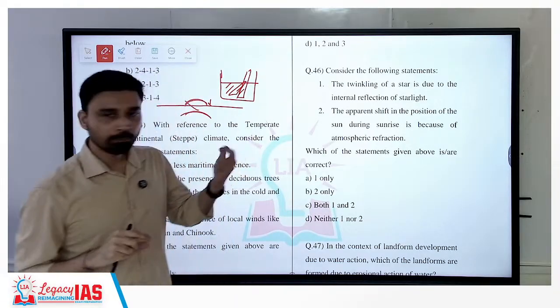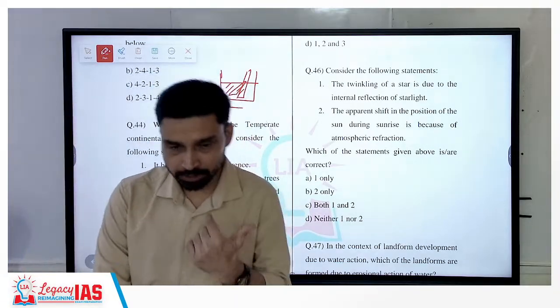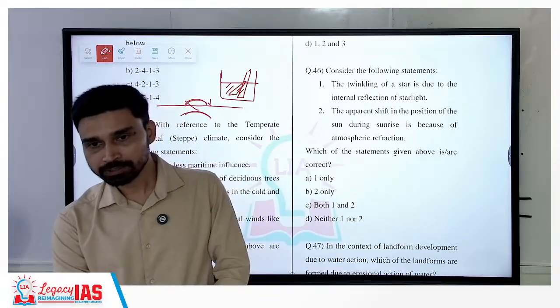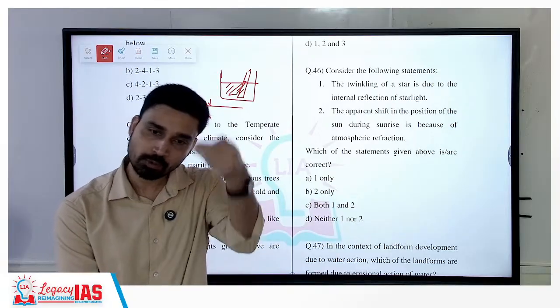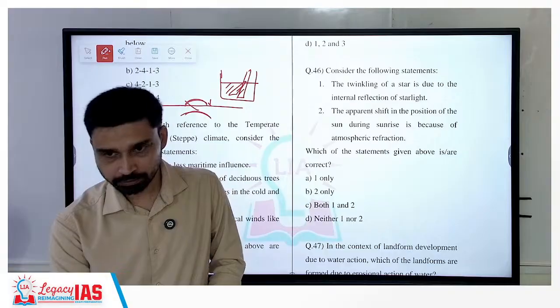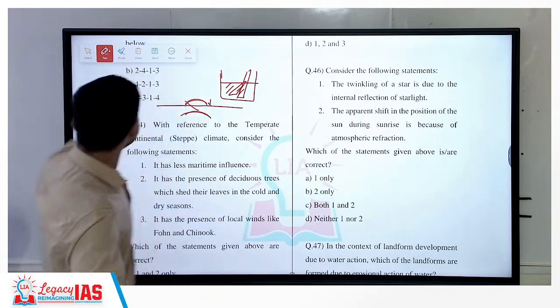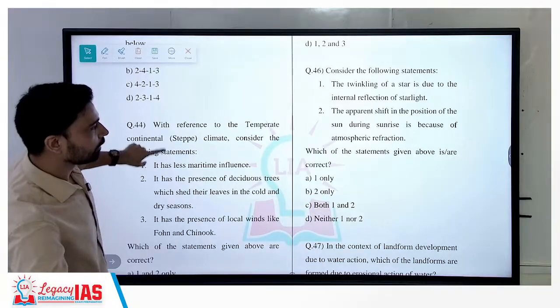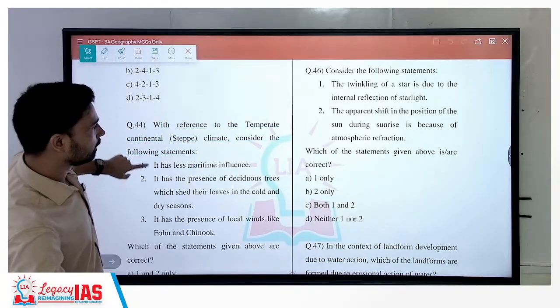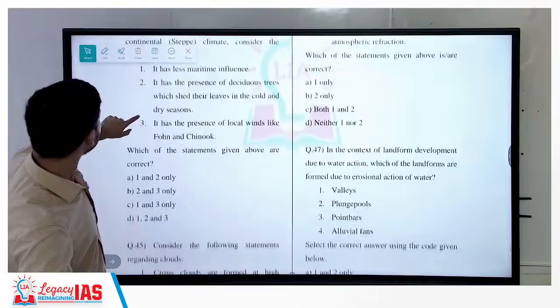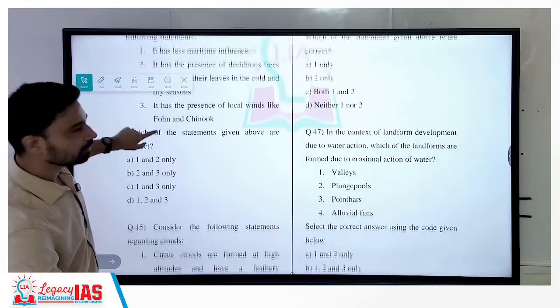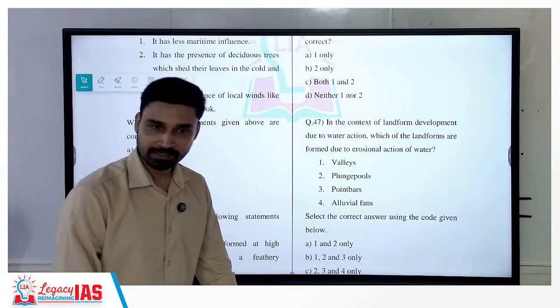So for a couple of minutes you are seeing the sun on or above the horizon, even though it has actually gone below the horizon. You are able to see the sun, but it is not actually there. That is the reason: atmospheric refraction. That's why there is a saying: do not trust your eyes. Many times what you see does not exist there.